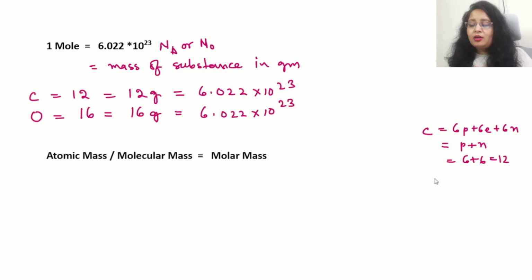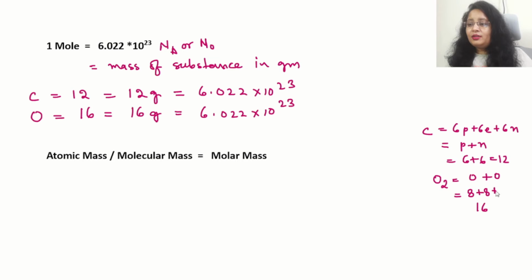If there is a molecule like O2, O2 means O plus O. This is the oxygen molecule. In the nucleus there are only protons and neutrons. We knew that there are 8 protons, because we knew that electrons are 8, so protons are also 8, and we take the same quantity for the neutrons. So 8 plus 8, that is 16.